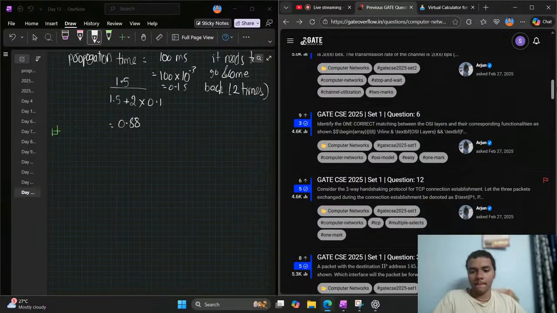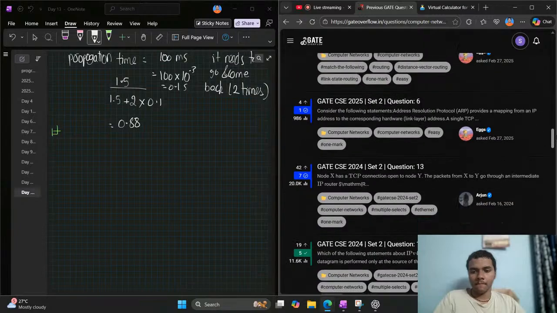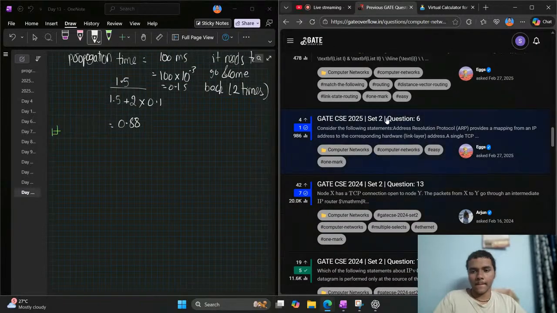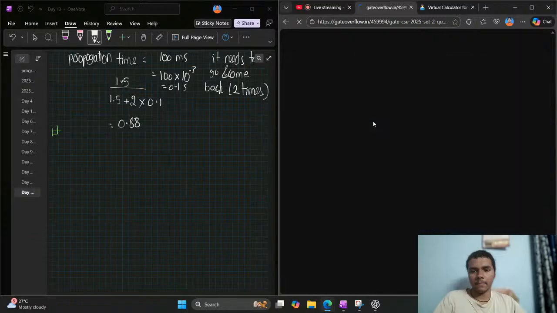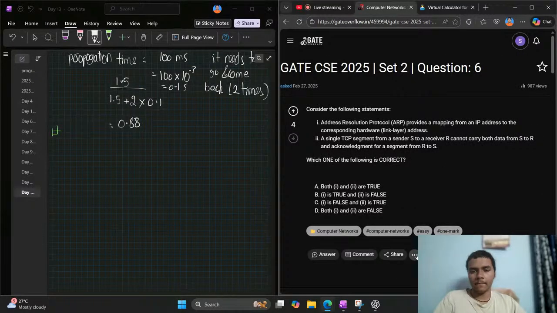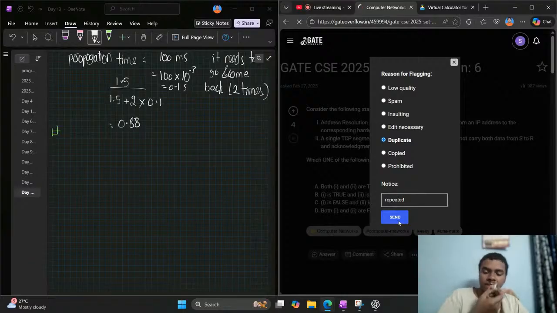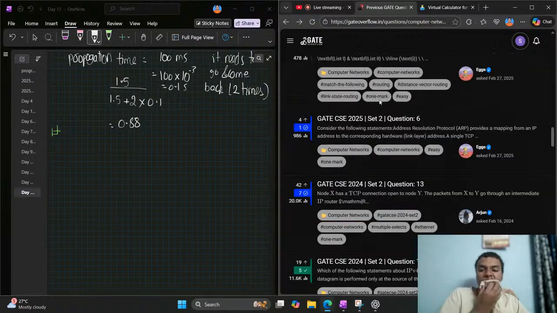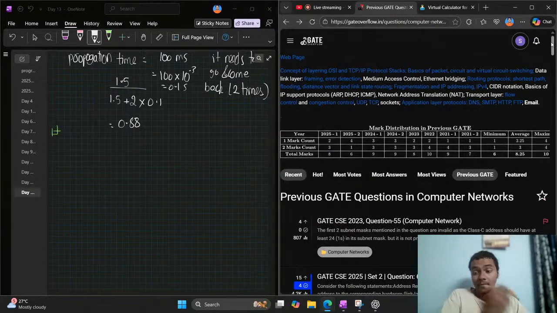It is repeated, right? All right. Yep, there is an average of 8 marks for computer networks, and that is pretty good.